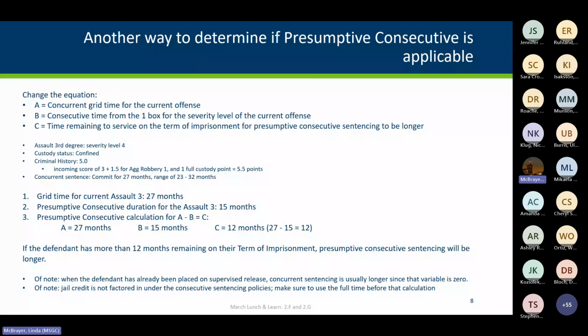And I have found from my approach, that is actually the easier way to go. Because if they are out of the facility, the term of imprisonment remaining is 0. So there's nothing for the offense to go consecutive to.